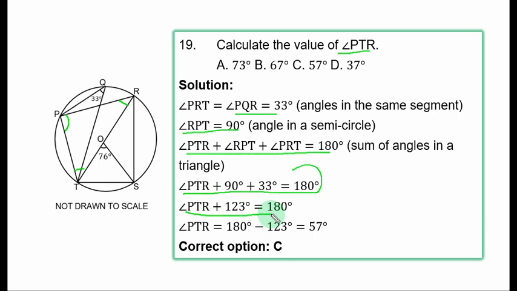If you transfer the constant term to one side, you have angle PTR equal to 180 degrees minus 123 degrees, and that is 57 degrees. C is the correct option.